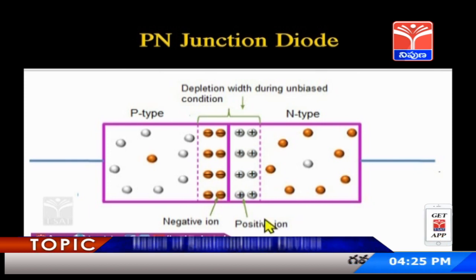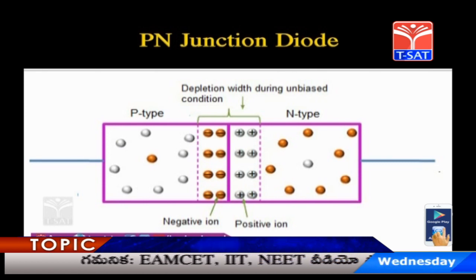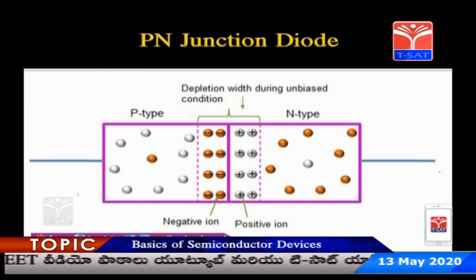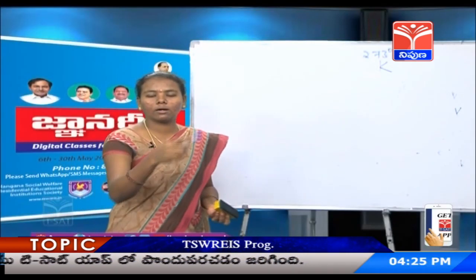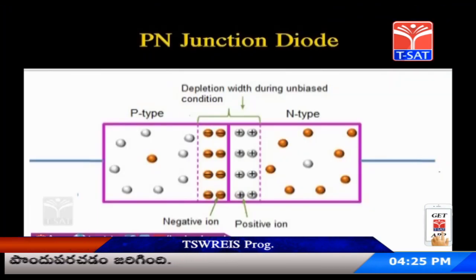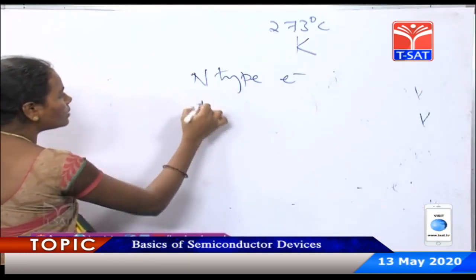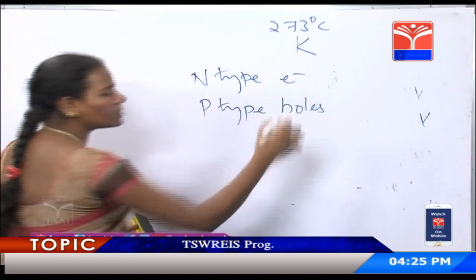So what do you mean by diffusion? Diffusion is the process of moving electrons to the place of lesser concentration. That means in n-type we have electrons, and in p-type we have holes as majority carriers.